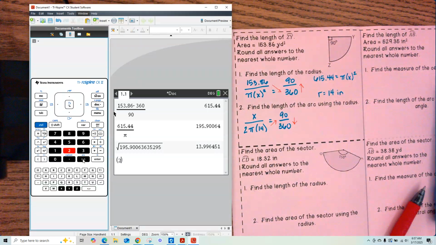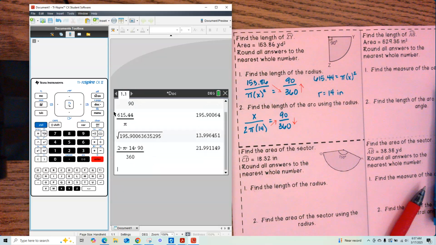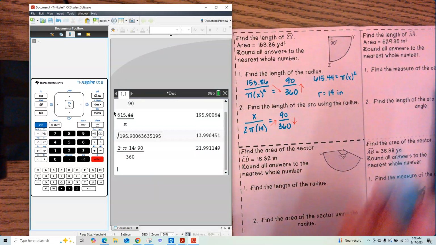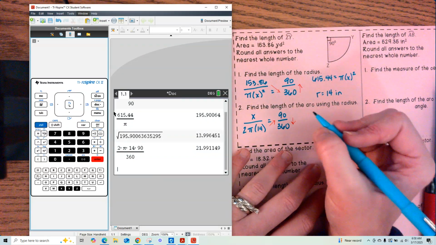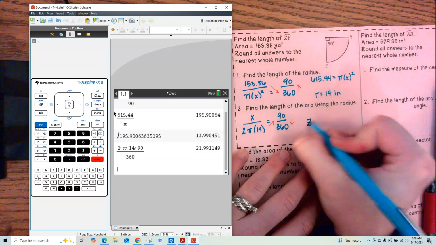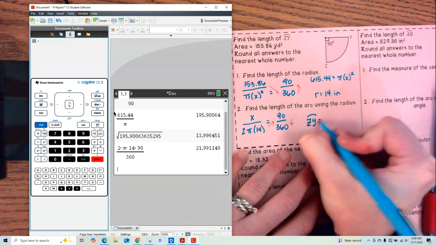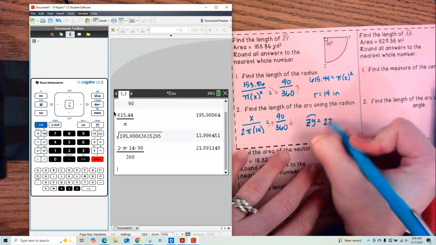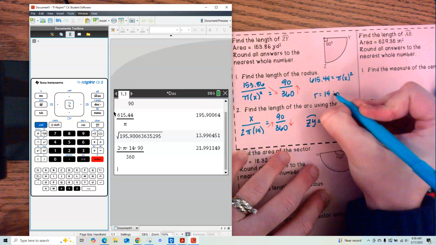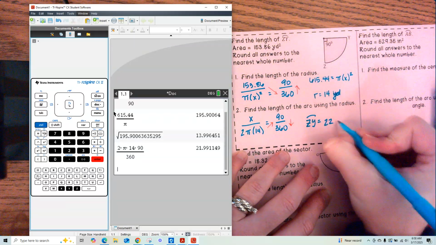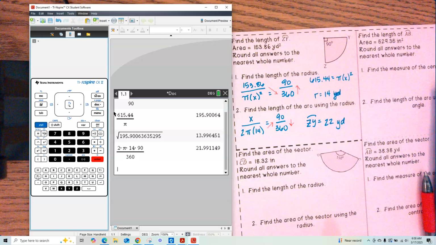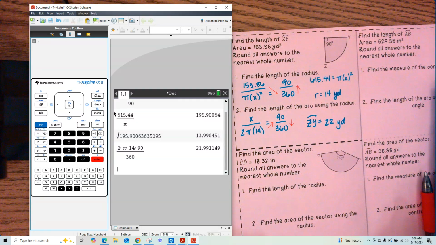So that first piece, that 2 times pi times 14, I'm going to stick that all in parentheses because that's one big chunk, times 90 divided by 360. And again, we're rounding to the nearest whole number. So that means ZY, that arc, is going to equal 22, ooh, that should be yards. Sorry, that should be yards, and that should be yards.